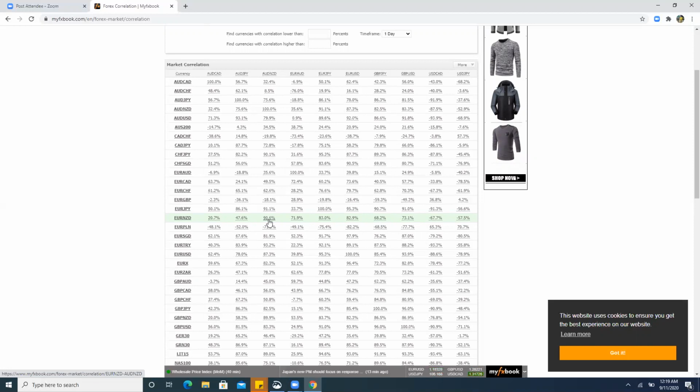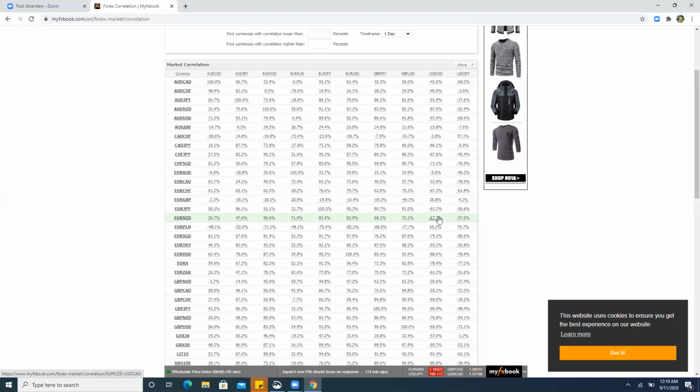So, for example, if I'm trading Euro NZD and I see that the United States dollar, Canadian dollar has a negative correlation with Euro USD, I'm not going to sell Euro NZD and USD CAD at the same time because it has a negative correlation.